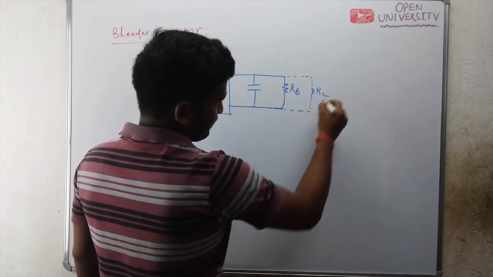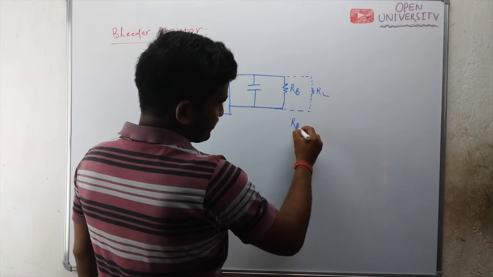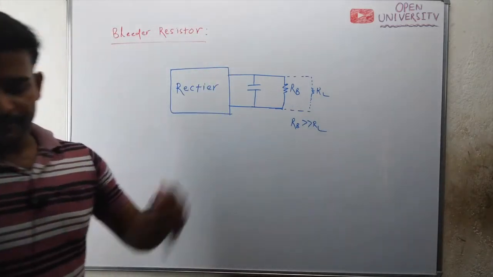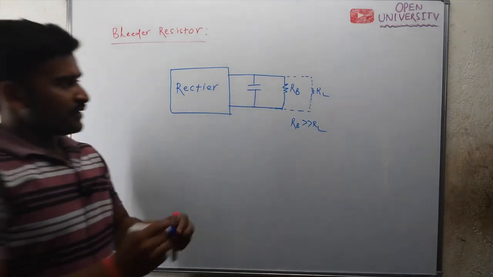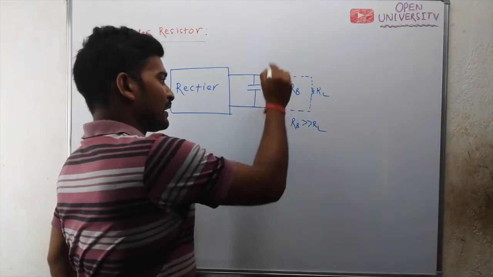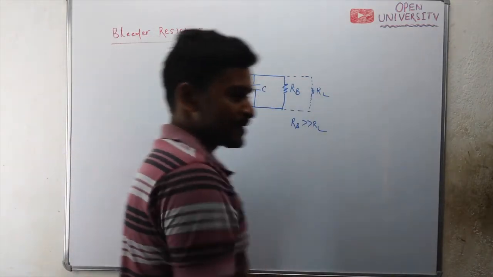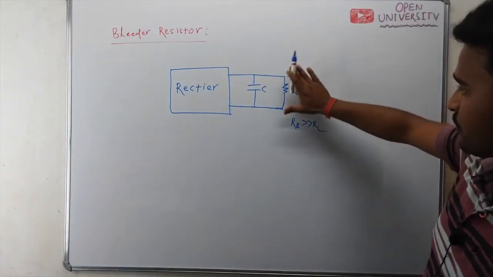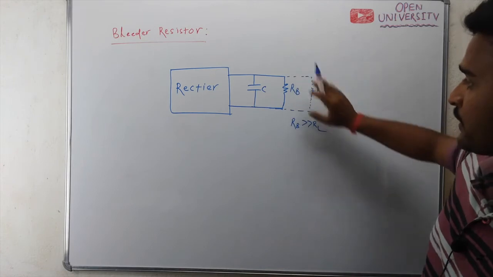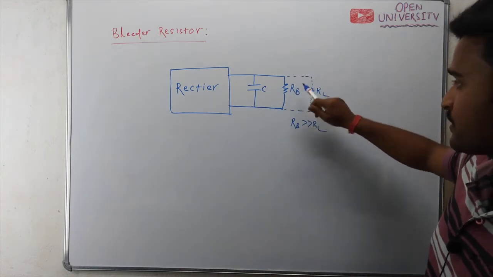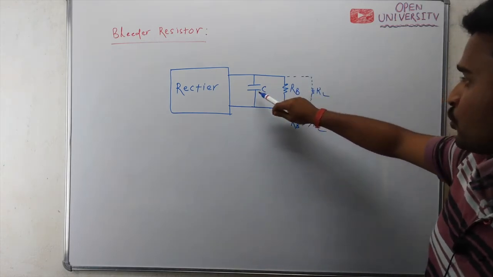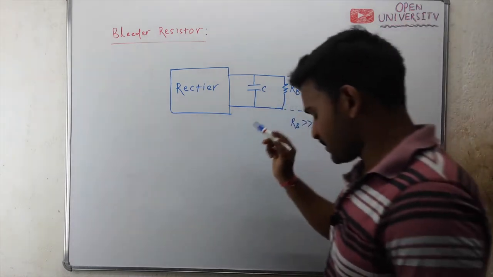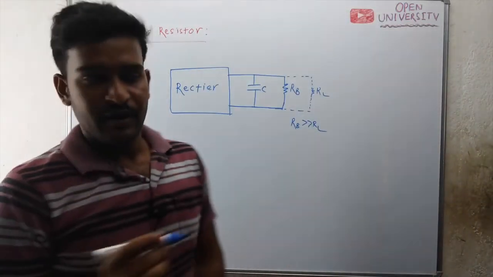This is your RL, and RB is much greater than RL. When RL is not connected, you have to connect a very large value of resistor, that is a bleeder resistor, to provide a discharge path in high voltage power supply.